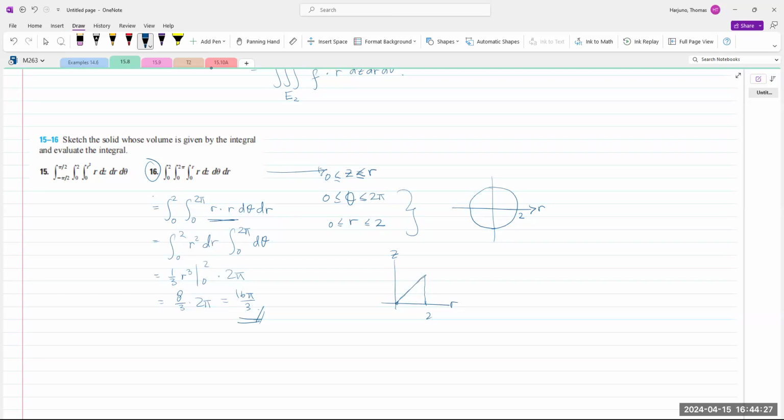Okay. Now then if I rotate that with respect to the z-axis, then it looks like this. Can you imagine that? Actually, this is not correct.